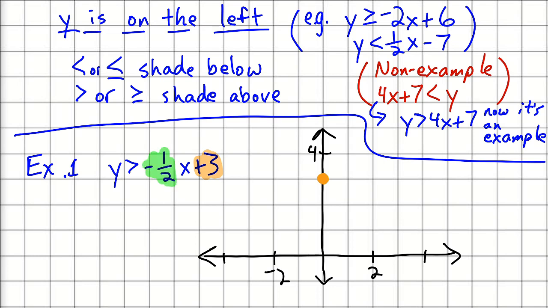So that means that I go down 1 and to the right 2, or up 1 and to the left 2. So that means that I'm going to have points here, here, here, and then it can continue on like that. Now, I said that it was a dotted line, so I'm going to connect those points with a dotted line.